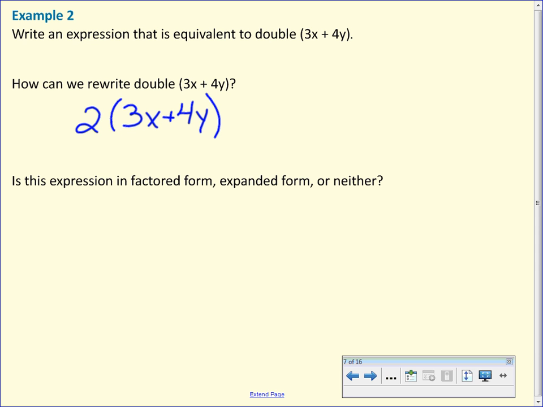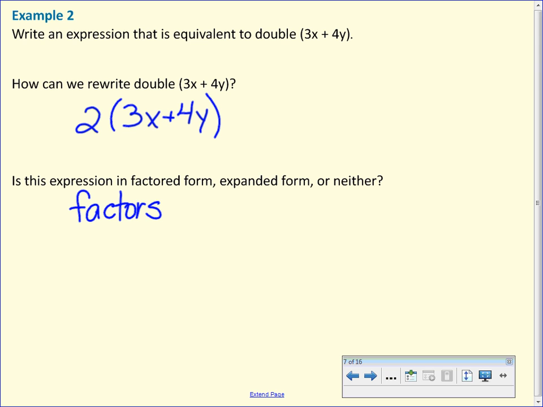Now, is this in factored form, meaning I just see the factors? Or is this an expanded form where we see all of the symbols? Or neither? Actually, it's in one of them. Everybody likes that choice, though, today. It is in factored form because I see the factors listed.